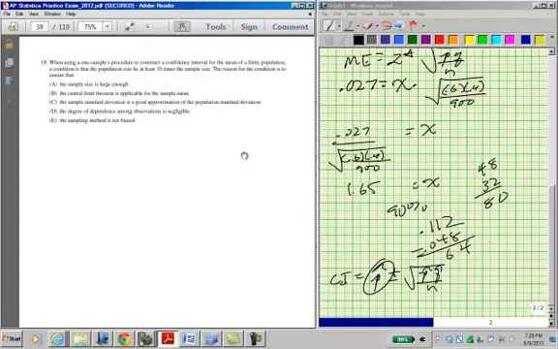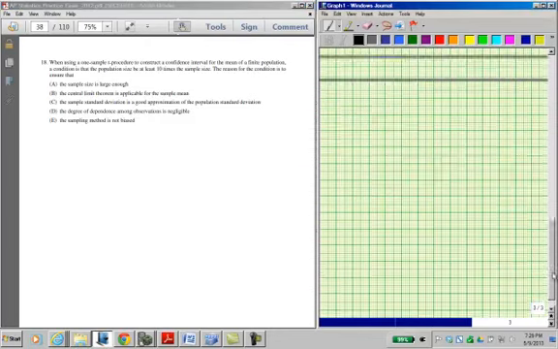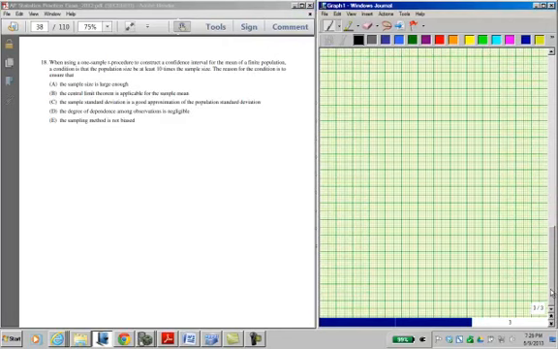All right, what's going on here? Why do we want the population to be at least 10 times bigger than the sample size? Well, this is to maintain the independence of the sample, and this goes back to the very beginning of when we start talking about sample sizes.